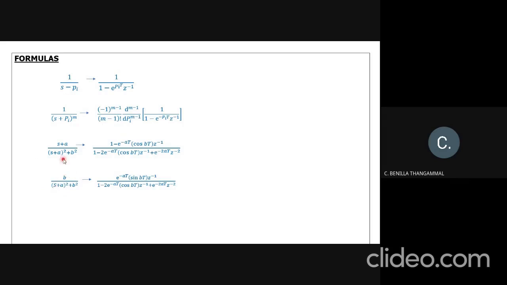If your numerator has the variable S, then it might fit into S plus A divided by S plus A whole square plus B square. Suppose your numerator has only a constant, then it will fit into the formula B divided by S plus A whole square plus B square. But your calculator should be in radian mode for this impulse invariant technique. So keep your calculator in radian mode and compound mode.